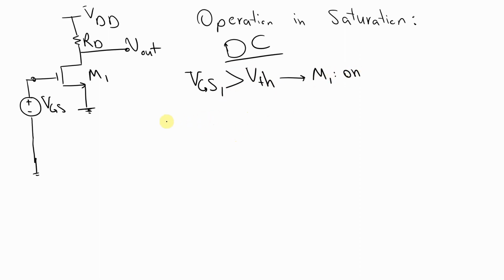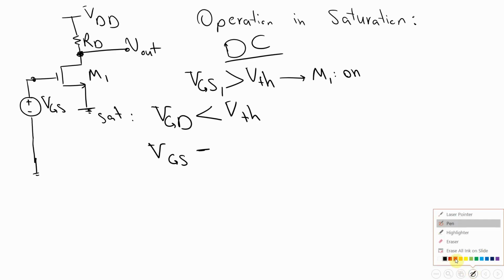The condition for saturation is this one. The gate-drain voltage of this device has to be less than V threshold in order for this transistor to work in saturation. So what is the gate-drain voltage of this device? It is VGS minus the drain voltage. Here, this is the drain voltage of this device.